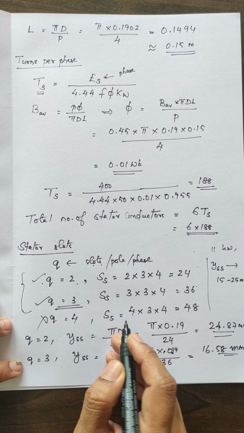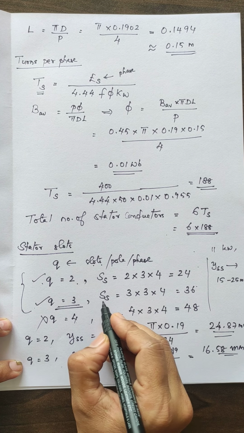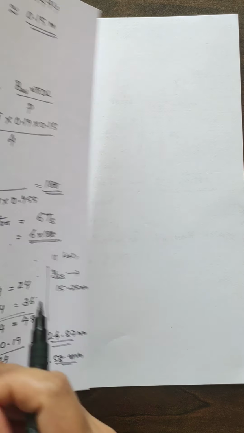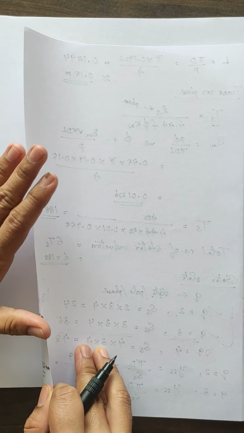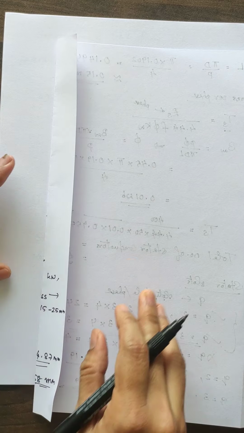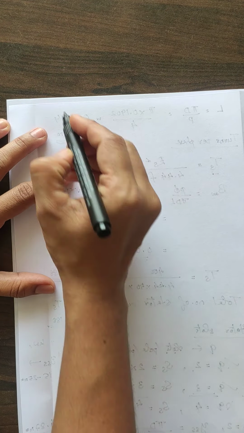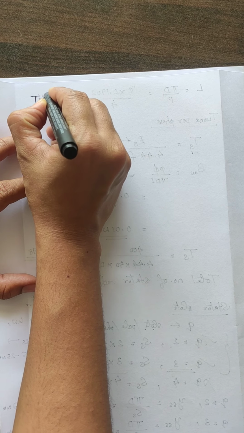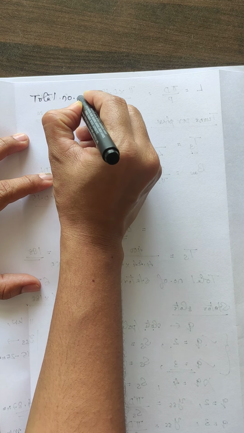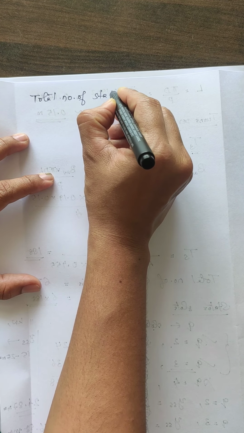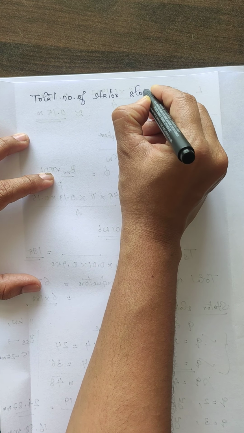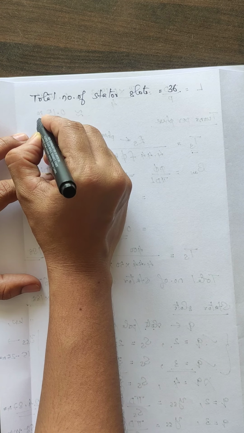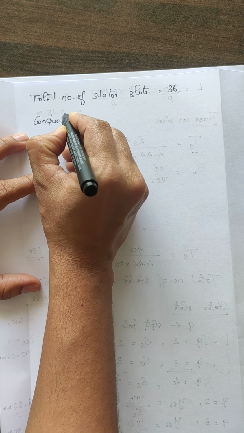So here the better choice is Q equal to 3, and hence the total number of stator slots will be equal to 36.